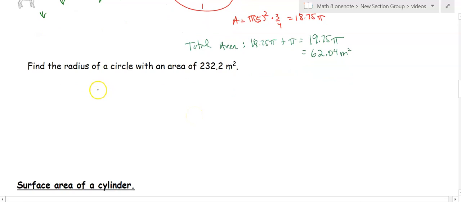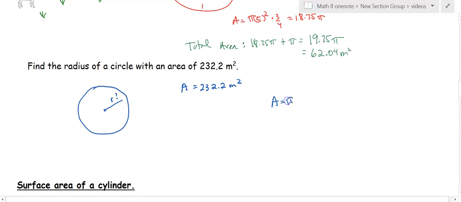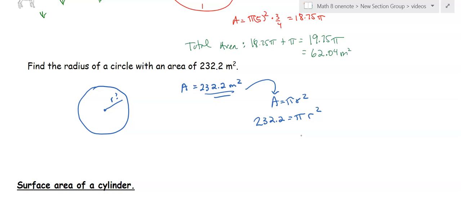We can also work backwards. If we have a circle and we know the area is 232.2 meters squared, can we find the radius? Yes, we can, because we know area is pi r squared. This is the answer to our formula, and whenever you know the answer to the formula, you can work backwards. So we're going to take our 232.2 and divide both sides by pi.